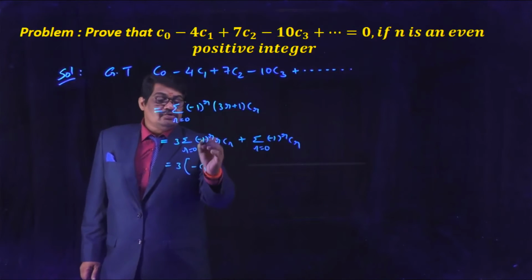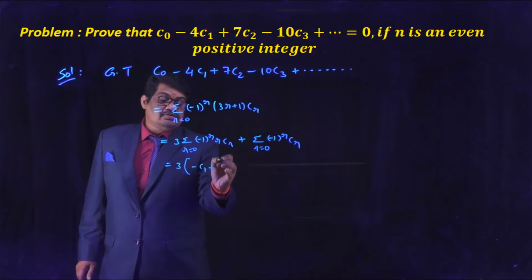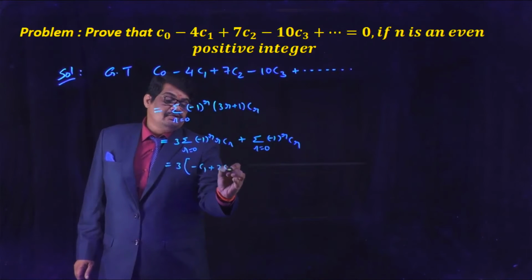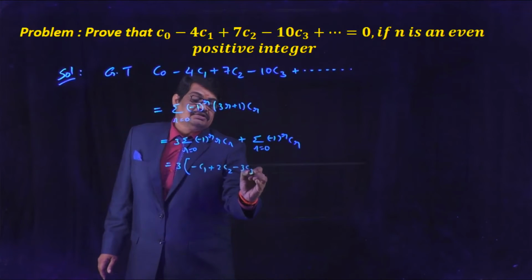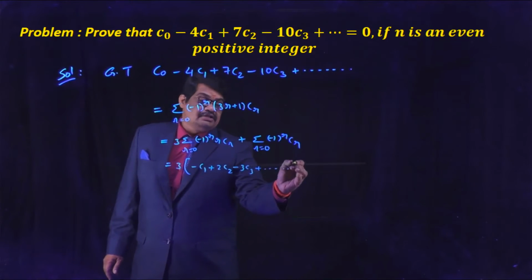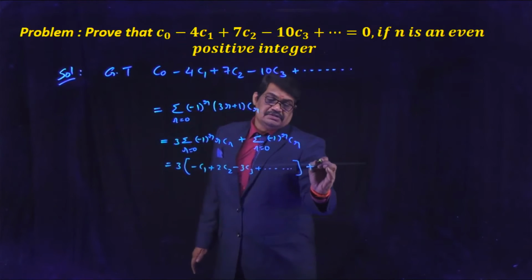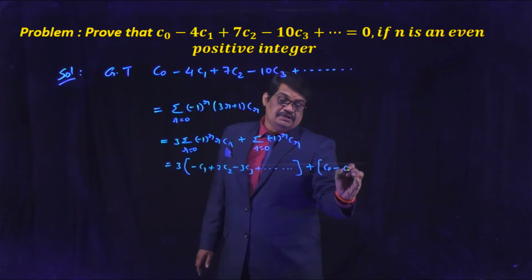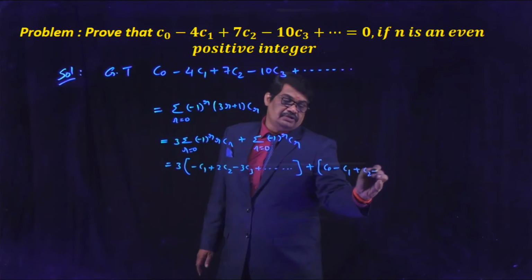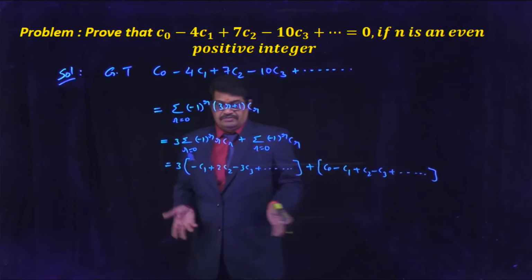Next r is equal to 2, minus 1 whole square is plus, and r is 2, that is 2 C2. Then r is equal to 3, that is 3 C3, and so on. This is the series. Next, the second series is sigma: r equal to 0 gives C0, r equal to 1 gives minus C1, plus C2, minus C3 and so on. These are the two series we are expanding.